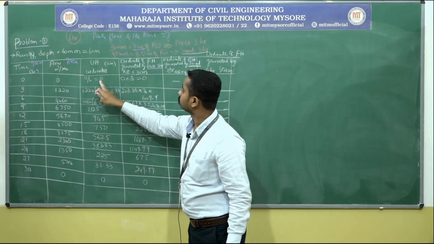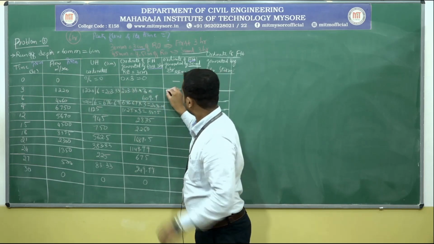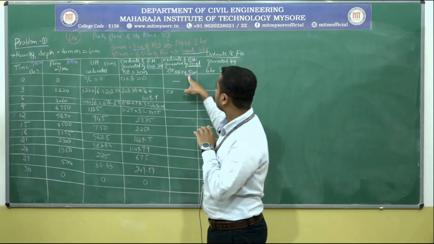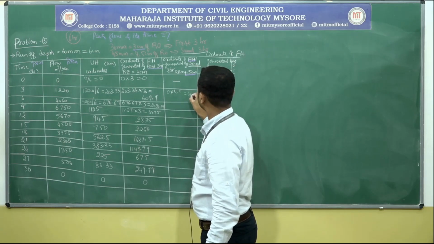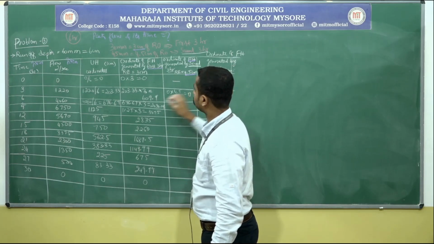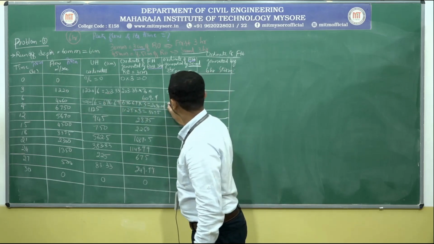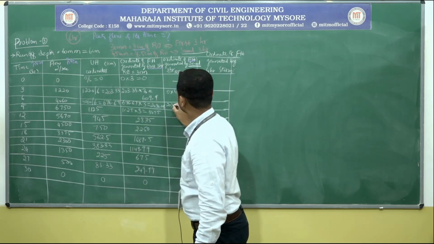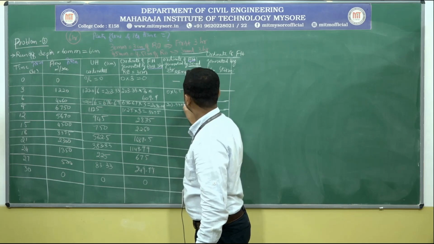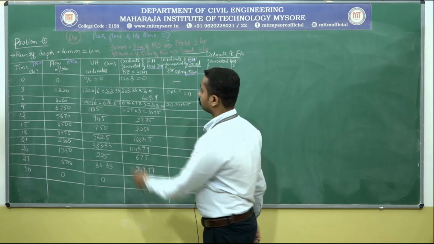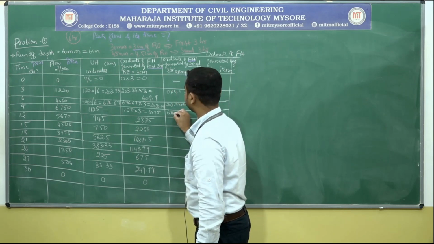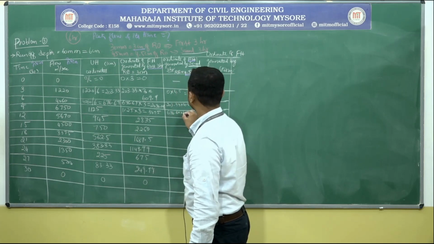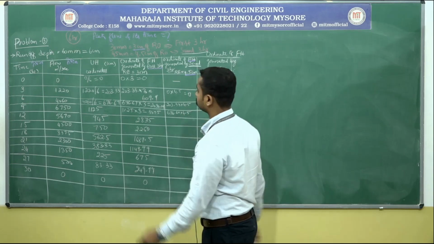Okay. Unit hydrograph is how much? 0 into 4.5. 0 into 4.5 you will get 0. Now 203.33 into 4.5. Next 676.67 into 4.5.